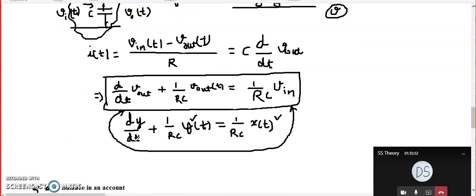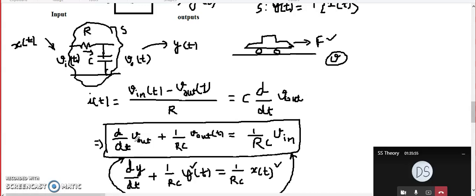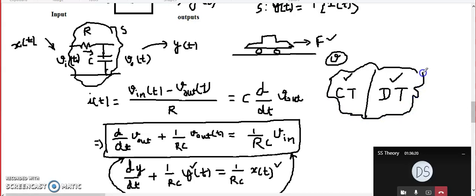There can be situations where both can be intermingled, meaning both kinds of signals are present in the system, but that situation is beyond the scope of our discussion. We are not studying such systems in this syllabus. We will be restricting ourselves to either continuous time systems or discrete time systems. We will stay either in the continuous time domain or in the discrete time domain, and never combine the two. We will be studying exclusively continuous time systems and discrete time systems. Okay, but there are situations where both of them can be clubbed together to solve certain problems, and that is beyond the scope of our discussion. Okay.